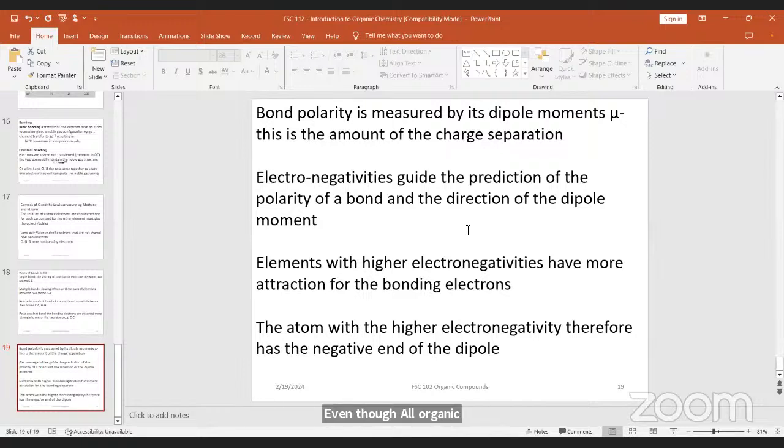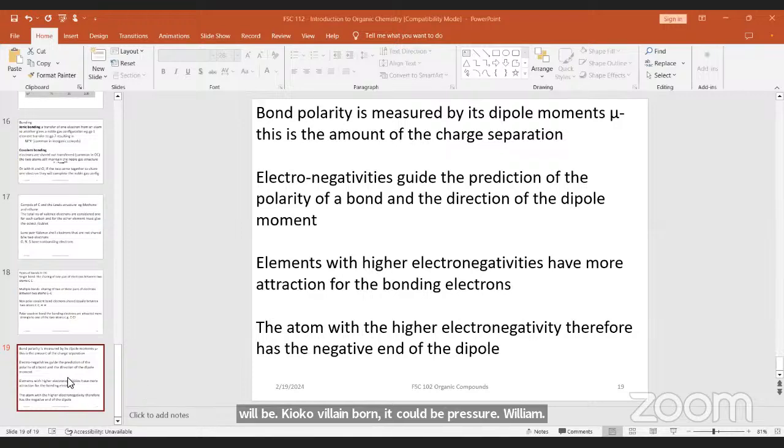The bonding in organic compounds is covalent. If you look at the various bonding, you can have a single bond, a double bond, and a triple bond. But this covalent bonding could be of different kinds. It could be a pure covalent bond, it could be a partial covalent bond.